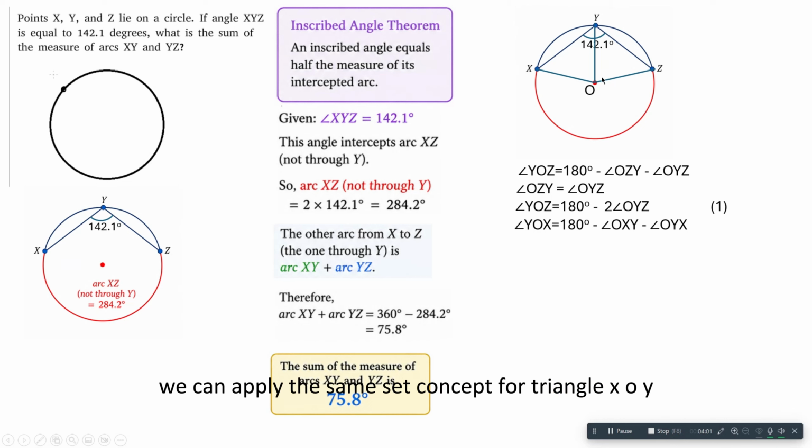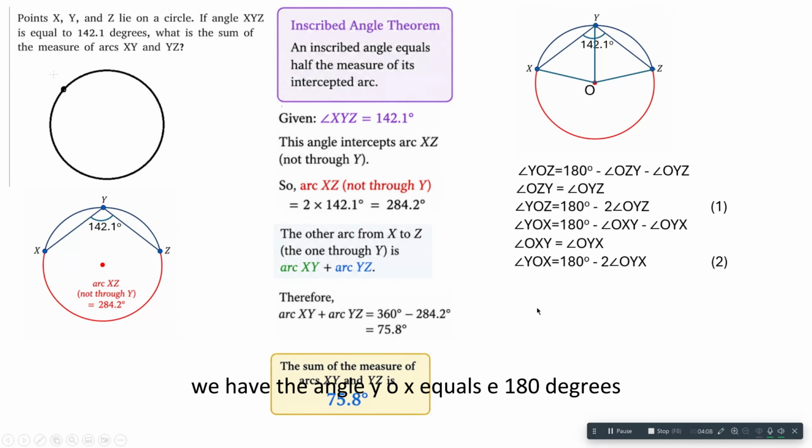Similarly, we can apply the same concept for triangle XOY. We have the angle YOX equals 180 degrees, subtract twice the angle OYX.